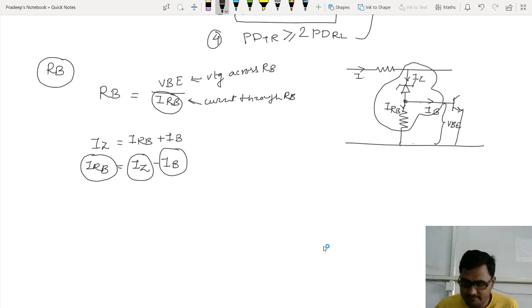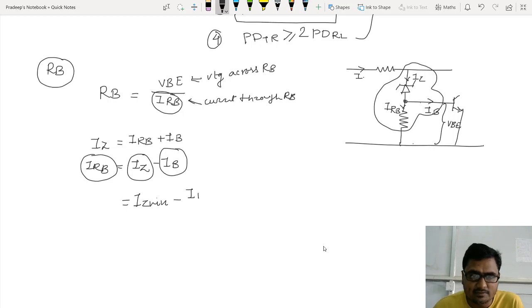Now this is one thing when you consider IZ and IB different. Another method that generally people follow is to go for calculation of IB and IZ differently. This IZ, they write as IZ minimum.